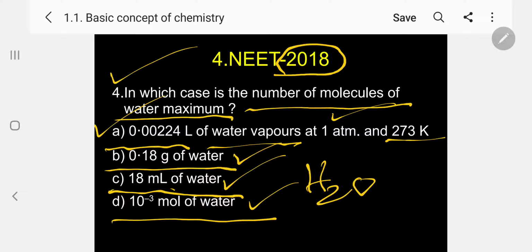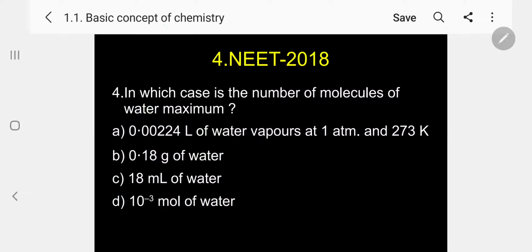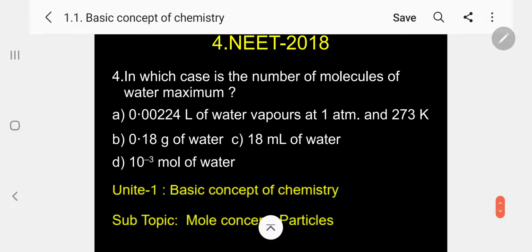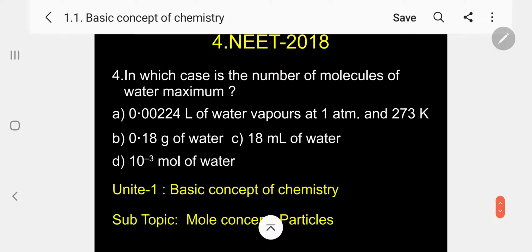But what is the question asked? They are asking in terms of particles, molecules. Kindly follow, particles. So instead of particle calculation, let us go for the mole side. If you calculate mole, the higher the mole, the higher will be the molecules. That way it is easier for you. Now kindly follow.